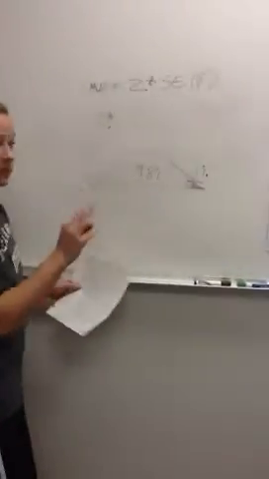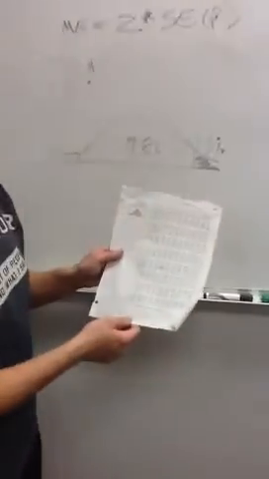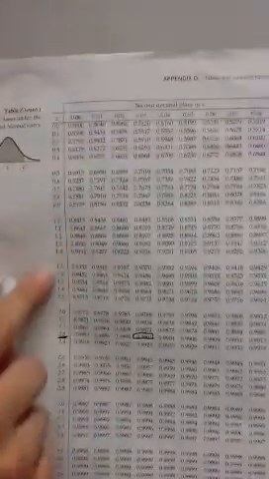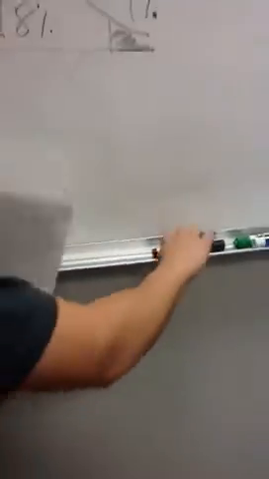Since we're technically finding the 99%, we're going to come into our table and find the area that is closest to the decimal of 0.99. We found 0.9901 right here. And if you look closely, you can see the z-score out on the side of the table. So you come to this number and drag your finger across, and this will also give you a number up here. That means our critical value is going to be 2.33.